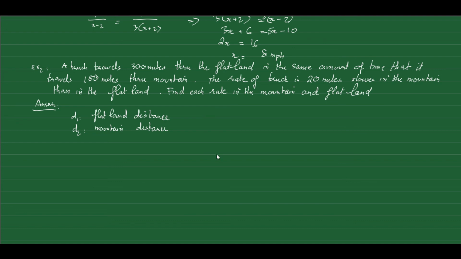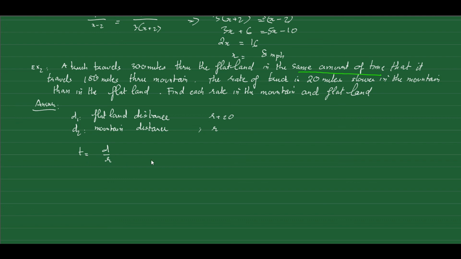So if I call R the rate in the mountain, then R plus 20 is the rate in the flatland, because flatland is faster. Same amount of time. This information is important. So we know that D equals RT, so T equals D over R.